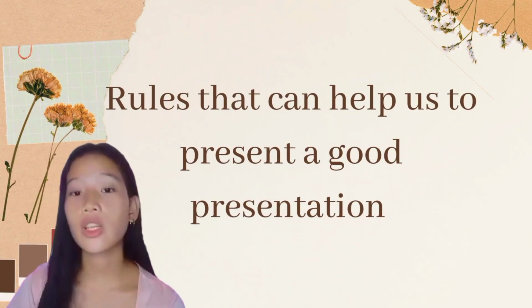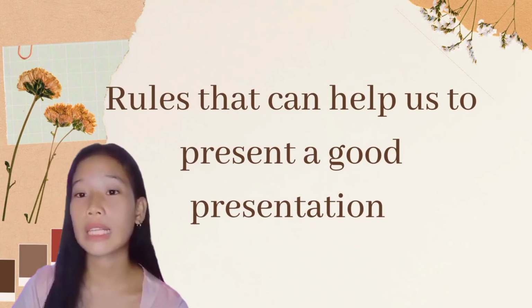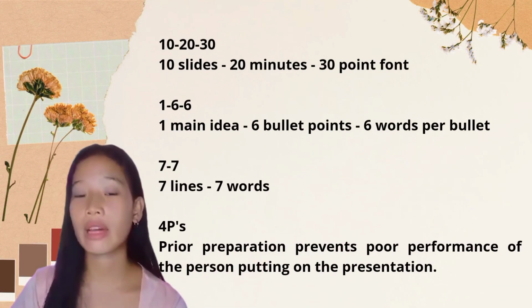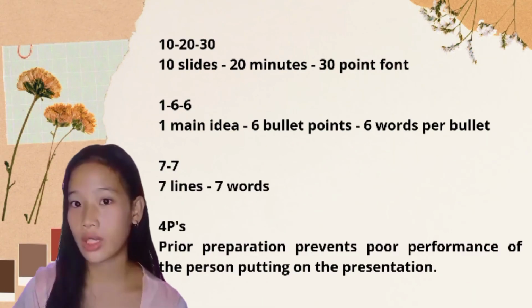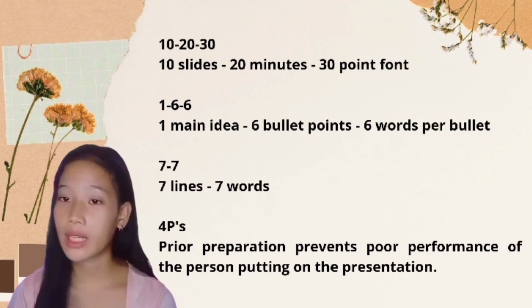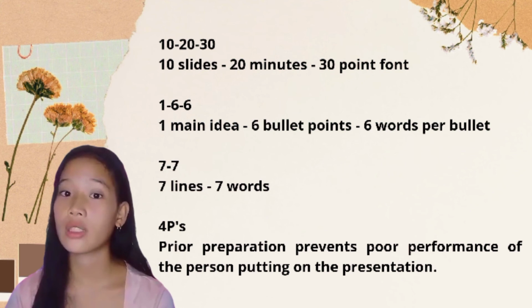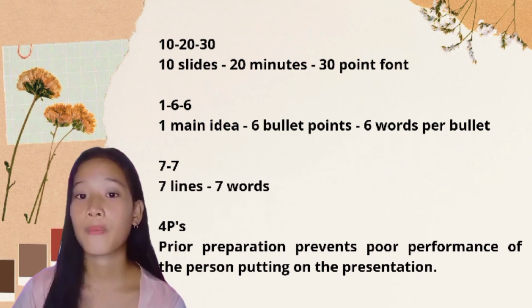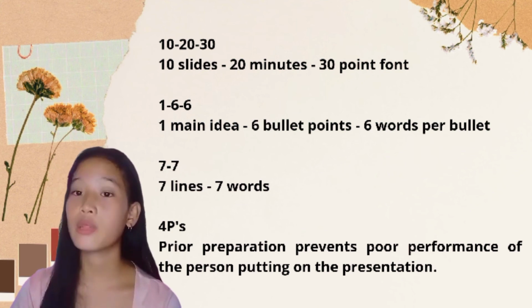So now let's talk about the rules that can help us to present a good presentation. So first, we have the 10, 20, 30. It is 10 slides, 20 minutes, and 30-point font. The 1-6-6. One main idea, 6 bullet points, 6 words per bullet.